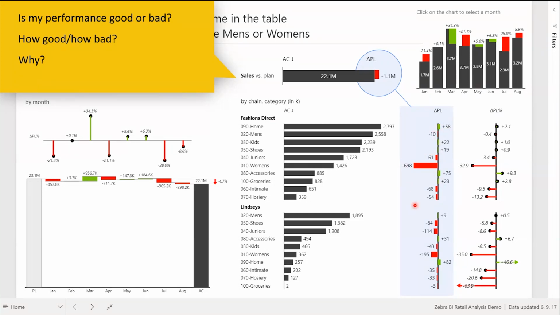So I see immediately there that we are in the red here with certain categories, especially this one. So this is women's clothing, for example, not performing well in this store chain. And in this store chain also, we have certain product categories, again women's clothing and a few others, that are below the plan.